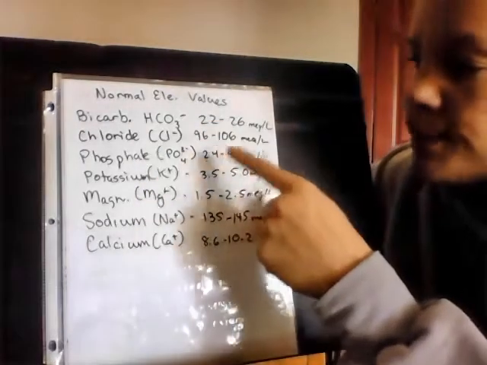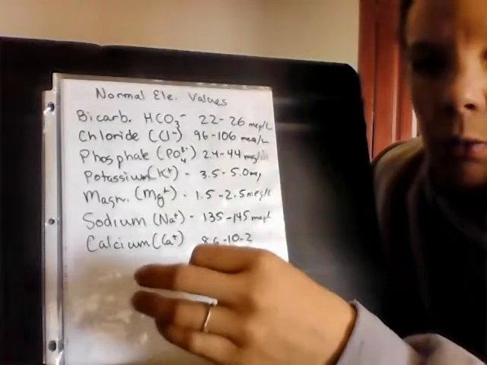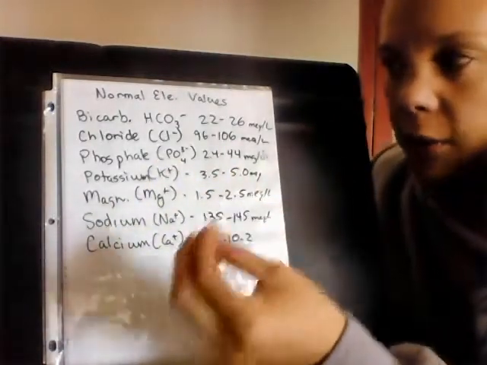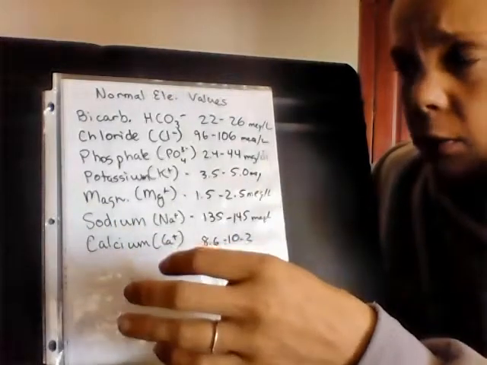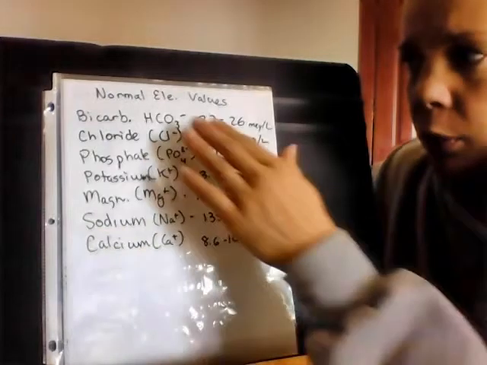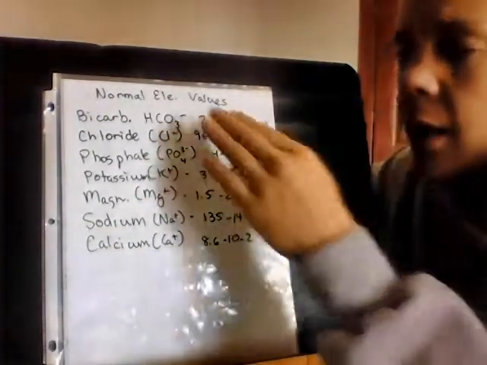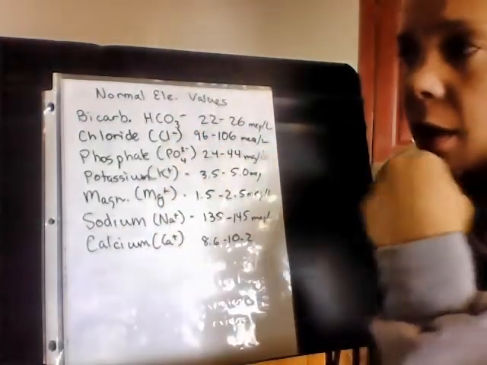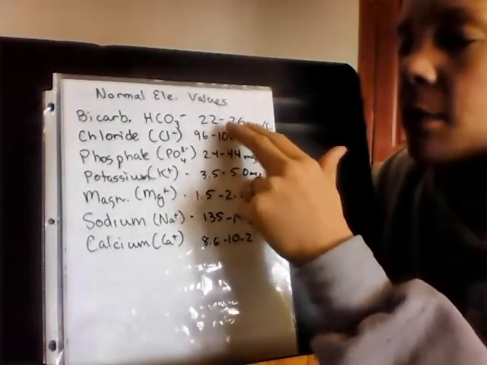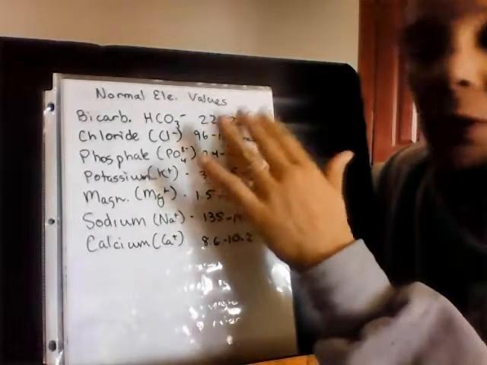Bicarb has to do with your metabolic. When we look at our values, trying to figure out if it's respiratory acidosis or metabolic alkalosis or whatever it is, when pH is off, we're looking at this value, and it relates to metabolic in our ROME process. I think of metabolism being high when you're 22 to 26.